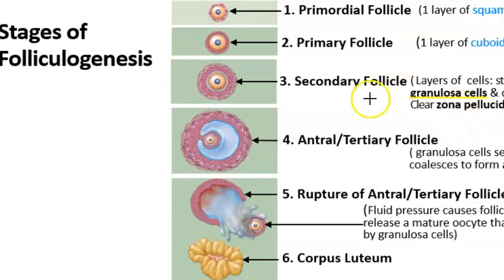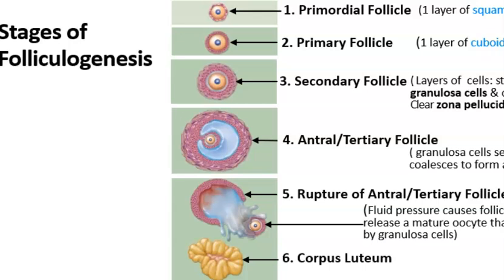In addition, we see this clear structure, a fluid-filled space between the oocyte and the granulosa cells. That structure is called the zona pellucida. So you can name a secondary follicle by the fact that there are layers of cells and that you see a very thin, clear zona pellucida around the oocyte.